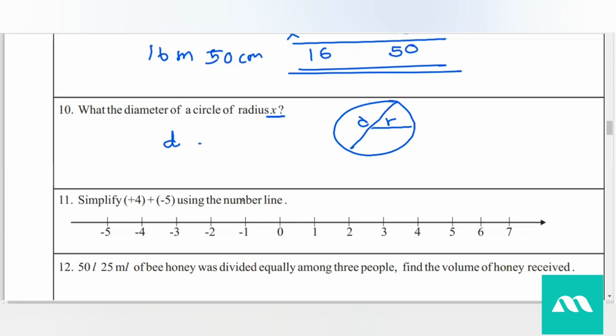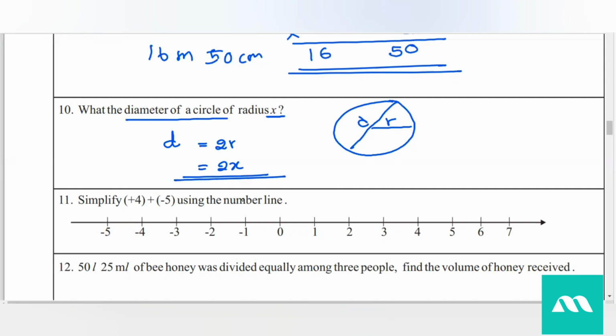Diameter equals 2 r's. Okay, that means 2 radii is equal to the diameter. Then if the radius of the circle is x, what is the diameter? It is 2 into x. Answer is 2x.